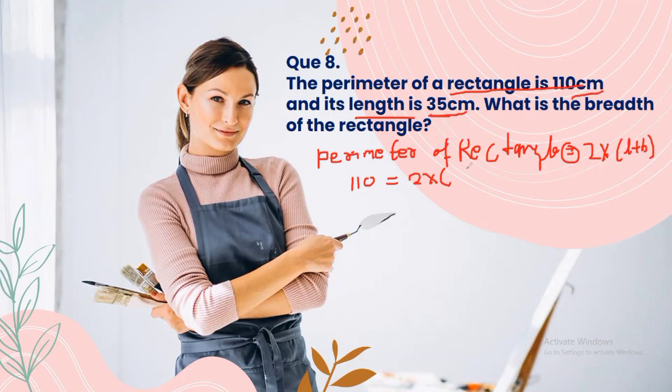So length is 35 centimeter plus breadth. Now first just transfer this to the left hand side. So 2 is multiplied on the right hand side, it will go to the left hand side and be divided. So 110 upon 2 is equal to 35 plus b.